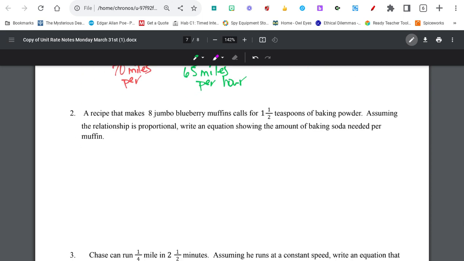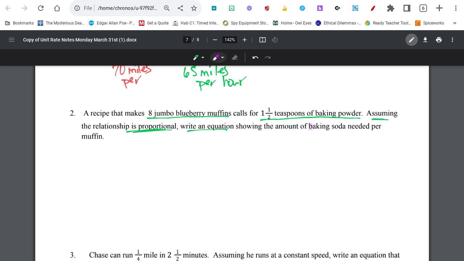All right, a recipe makes 8 jumbo blueberry muffins, calls for 1.5 teaspoons of baking powder. Might be kind of hard to pick out which one is independent and which one is dependent. So let's look for a rate statement in this one. All right, we're going to assume that the relationship is proportional. So we want to write an equation for it, showing the amount of baking soda needed per muffin.